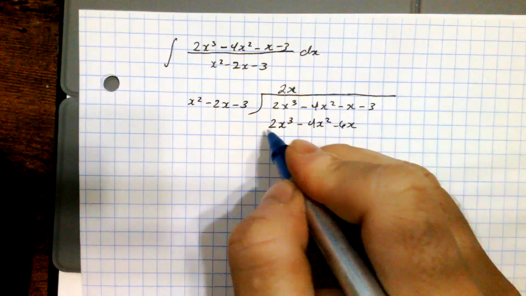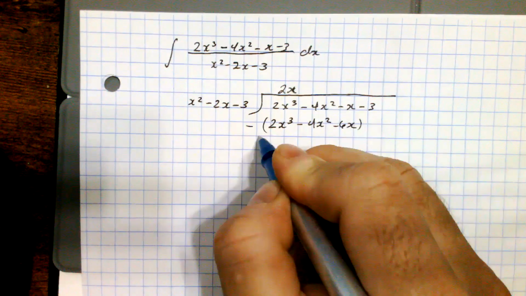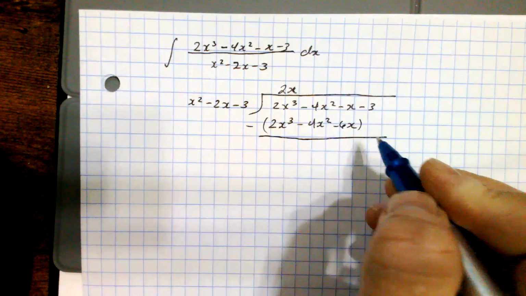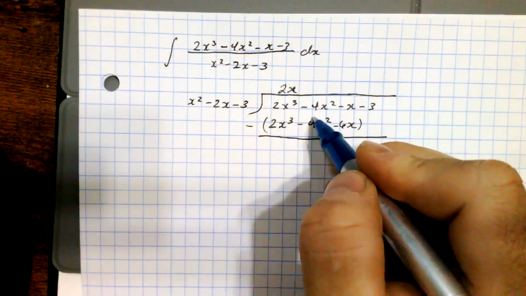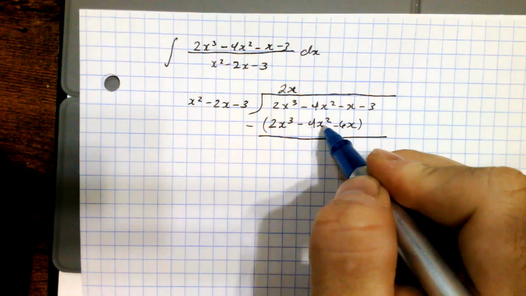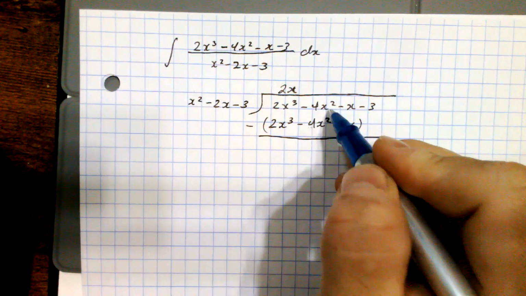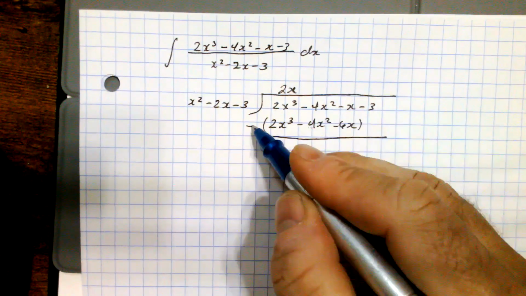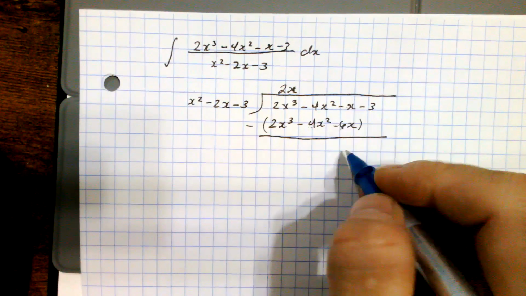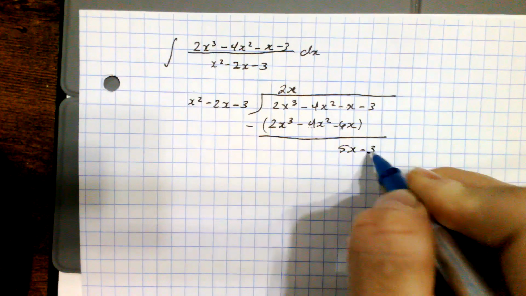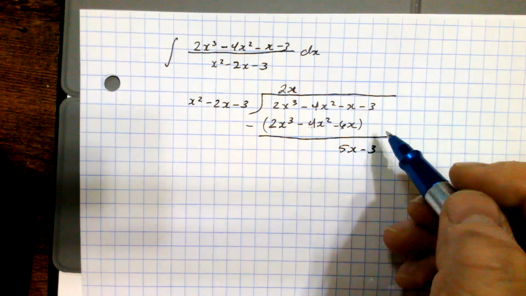Okay. Now we're subtracting, since we're doing division. So 2x cubed minus 2x cubed, those reduce. I have a positive 4x squared adding to a negative 4x squared. So those are gone. And so I have then a minus, and a minus makes that a positive 6x minus x. So I get a 5x minus 3 as the remainder.